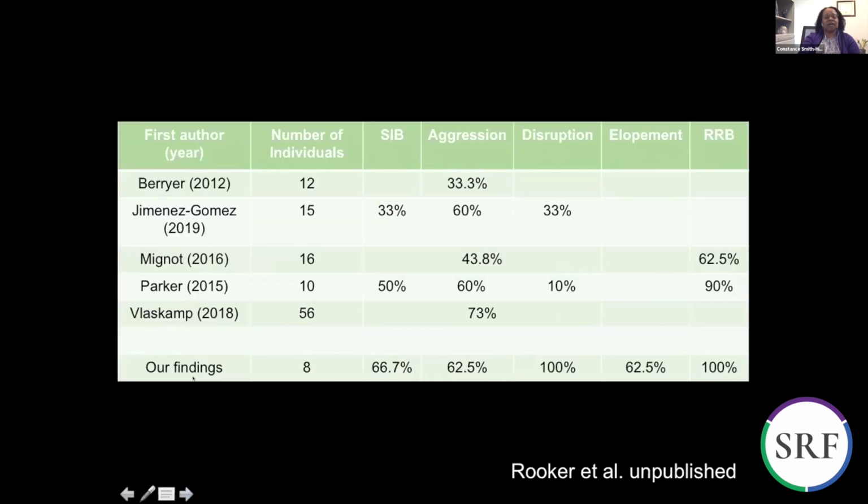Work done in our group by Griffin Roker, BCBA, in our cohort of 8 patients shows that disruptive behavior and repetitive restrictive behavior are present in 100% of our patients. In about 62% of patients, we have identified elopement, and aggression and self-injurious behaviors are reported in a similar number of patients.